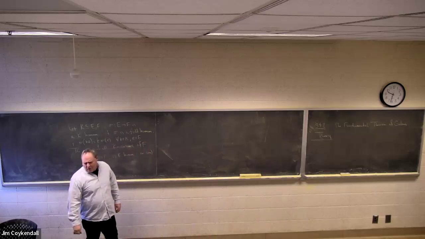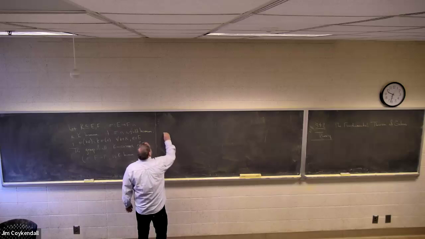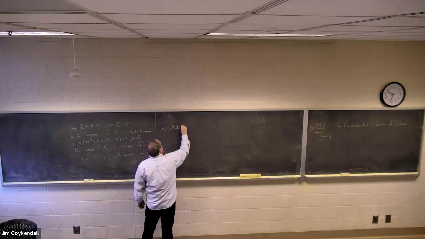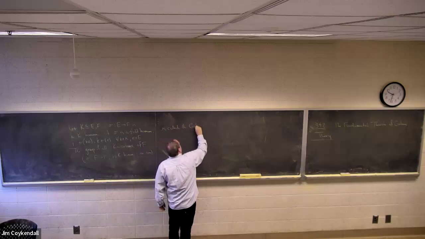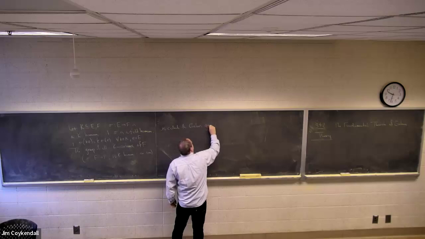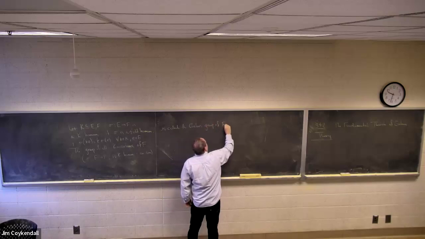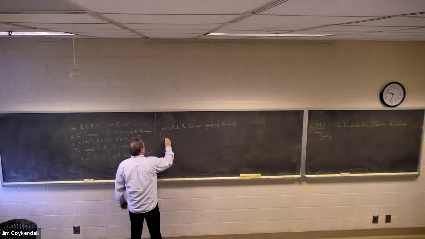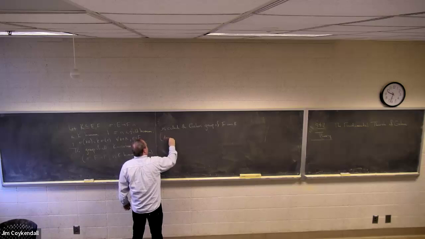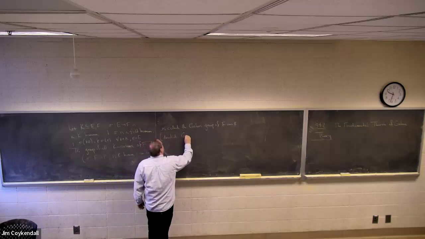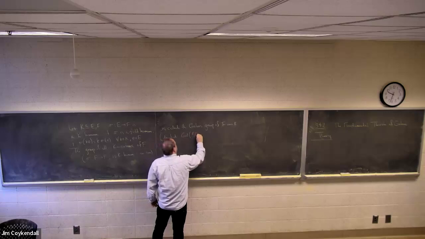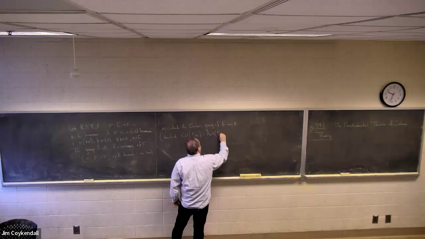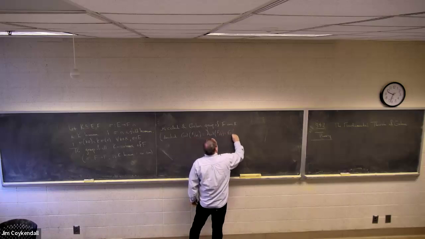It's called the Galois group, and it's denoted by a notation that lazy people like.